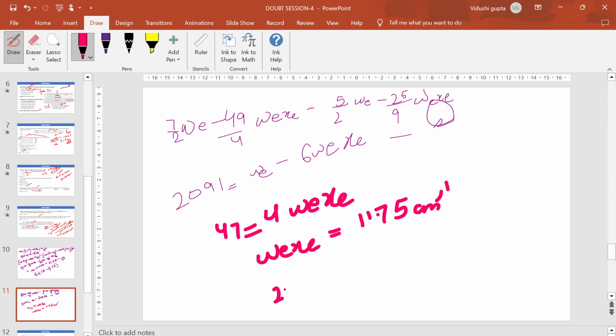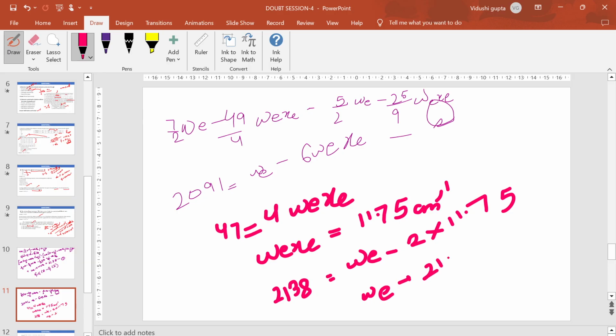Now we know 2138 is equal to omega E minus 2 into 11.75. So omega E can also be calculated and it will be 2151.5 centimeters.